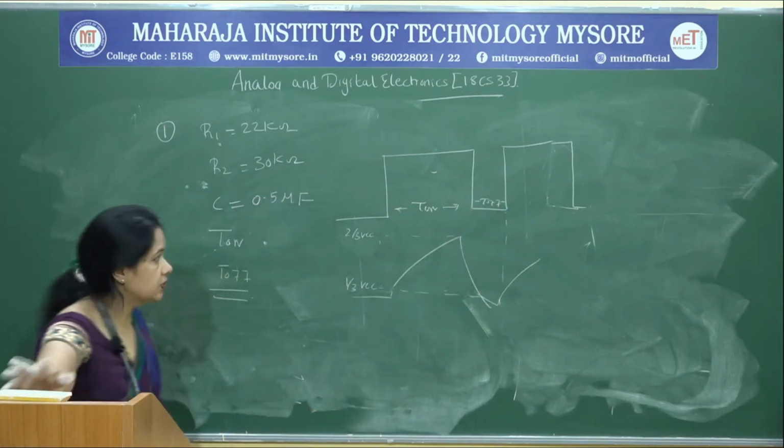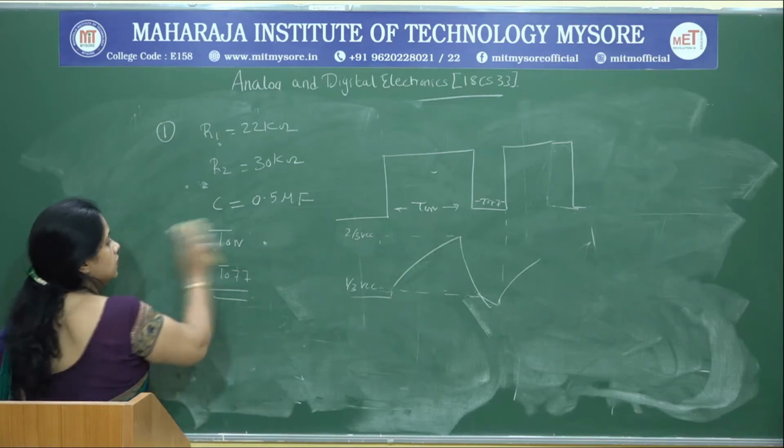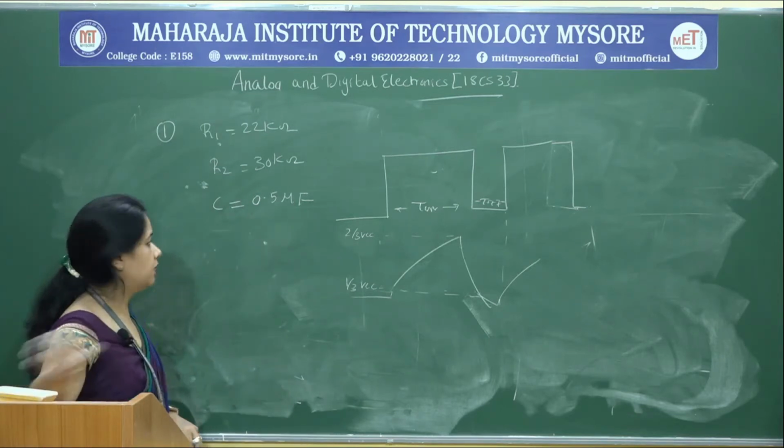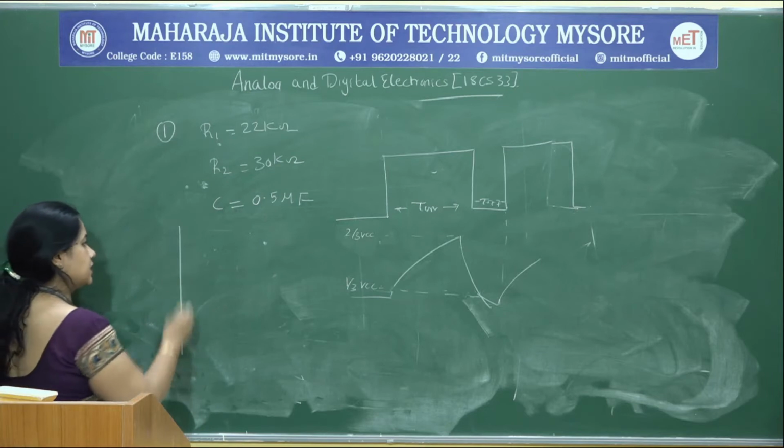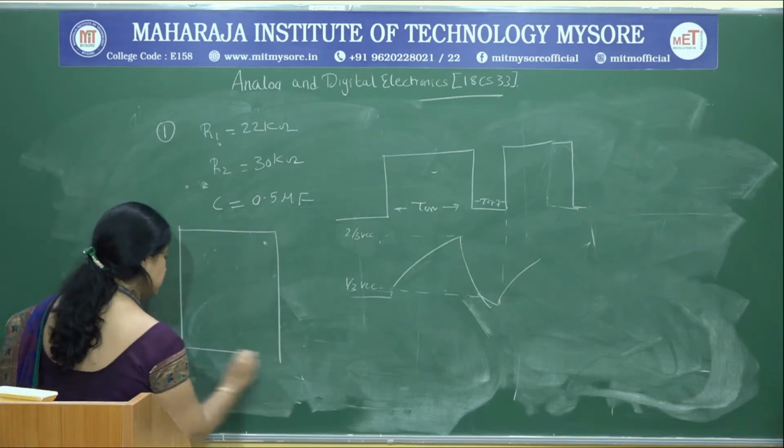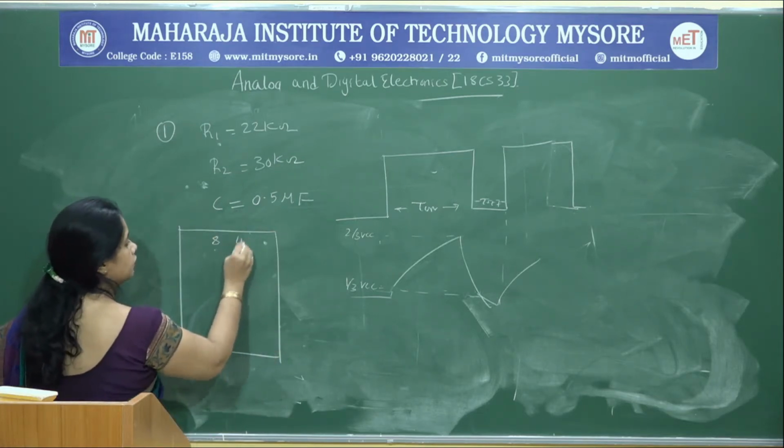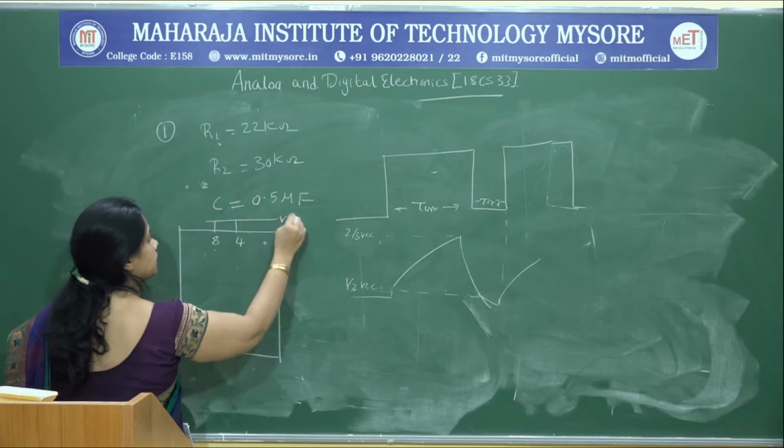So, just to recall, what is the circuit diagram of an astable multivibrator? It goes something like this. Pin number 8, 4, is connected to VCC.